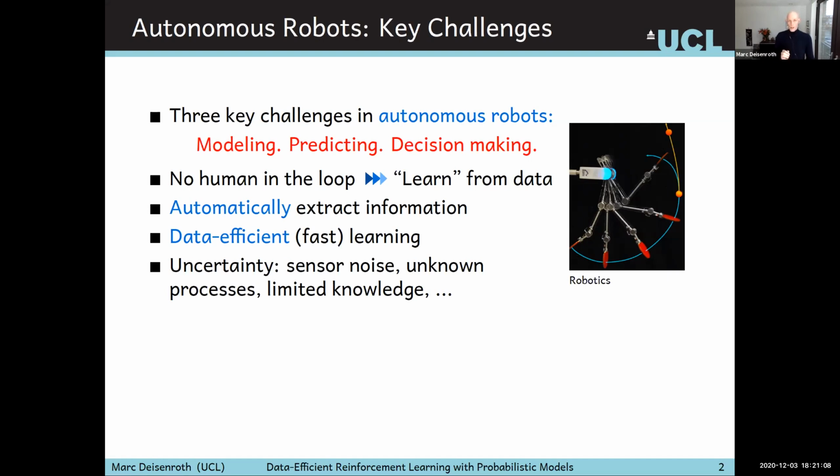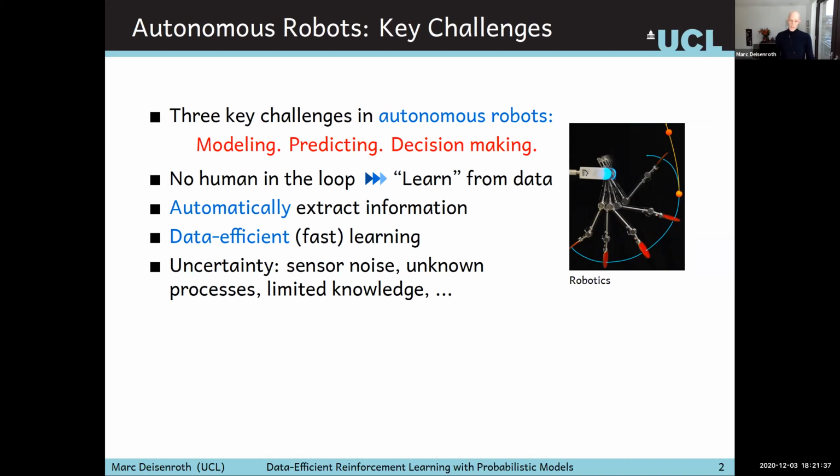That means learning from relatively small samples. The reason for this is a practical problem. It is very, very difficult to collect millions or trillions of data points using a robot, because if we run experiments in real life, we have to invest time. We cannot be faster than real time, which we could be if we just had a simulator.